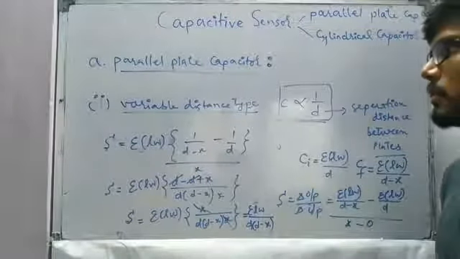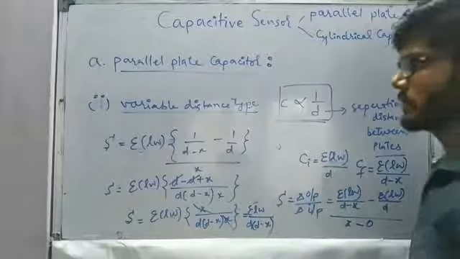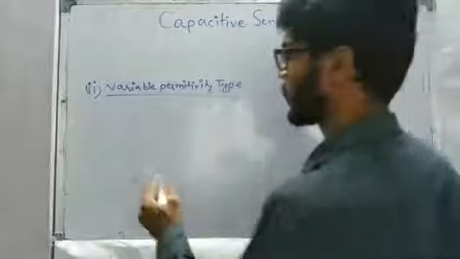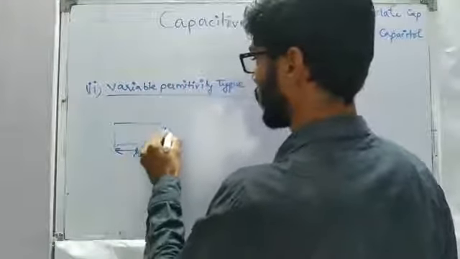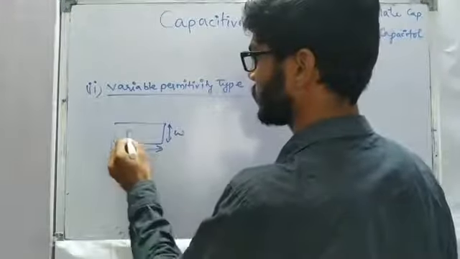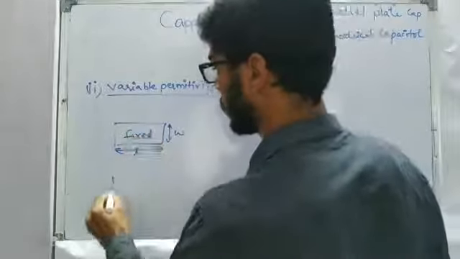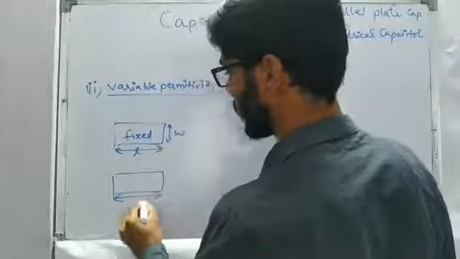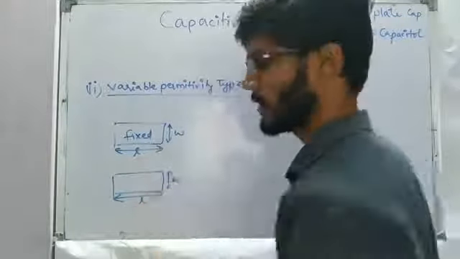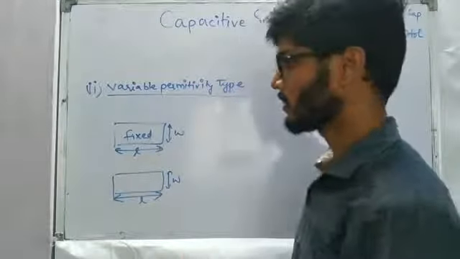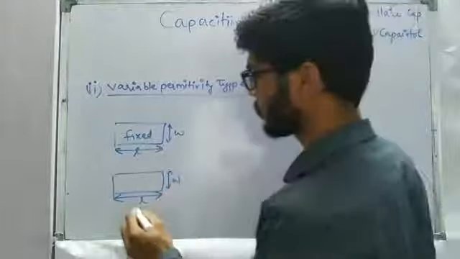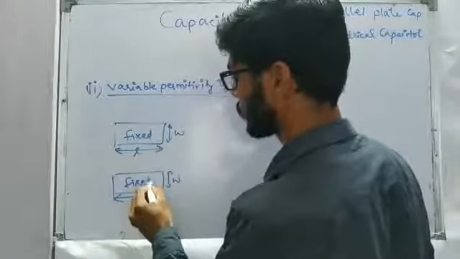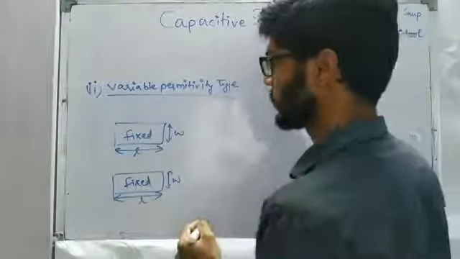Now let us talk about variable permittivity type as well. So again the same case, two plates are parallel having length L and width W, and the plates in this case are going to be fixed ones, because we are neither varying the area nor the separation distance. Instead we are going to vary the medium between those two plates. So both the plates are going to be fixed ones.